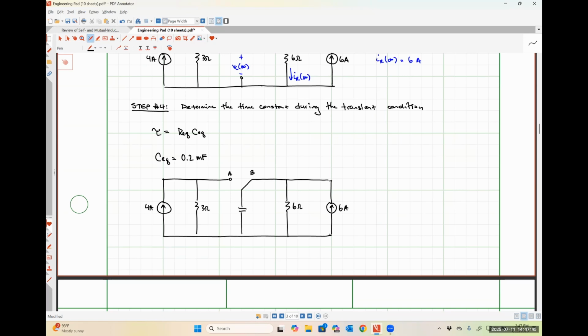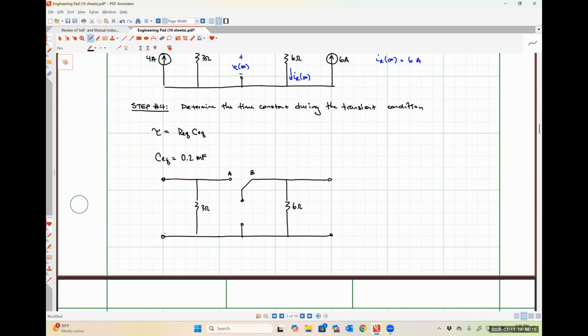We're finding the Thevenin equivalent with respect to our energy storage element, our capacitor. So we take our capacitor out, leaving behind an open circuited set of terminals. Because we're finding Thevenin resistance, we need to turn off all of our independent sources, which means this 6 amp source looks like an open circuit, and this 4 amp source looks like an open circuit.